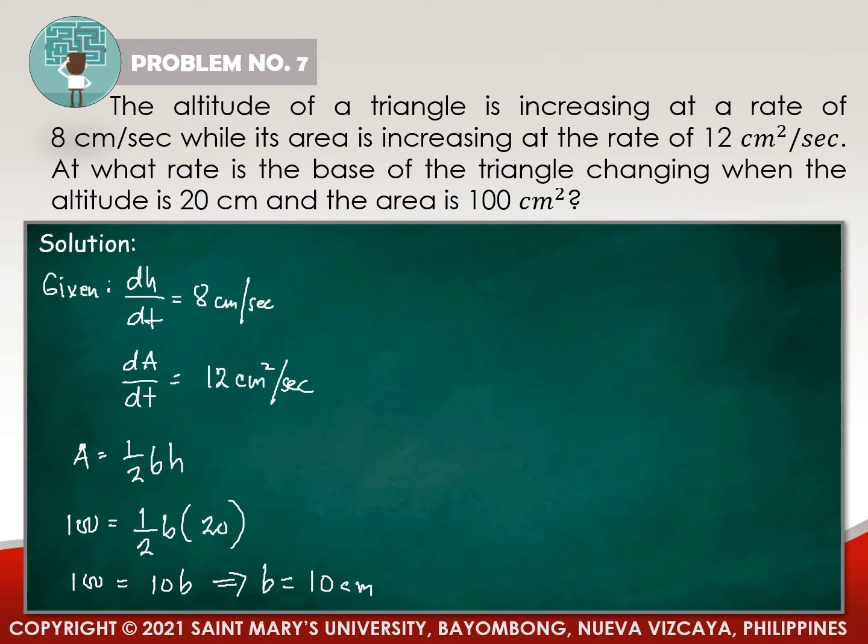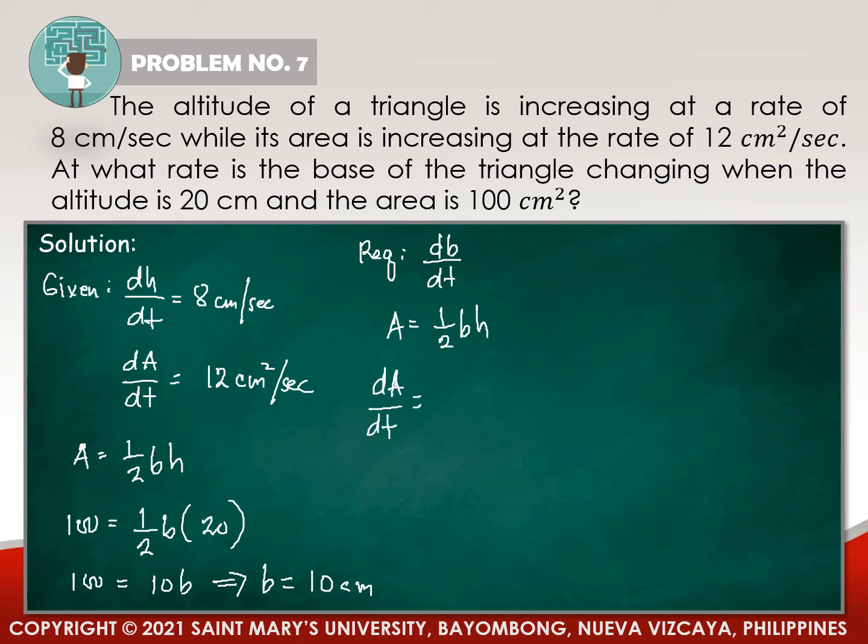Okay, the question is, at what rate is the base of the triangle changing? So ang hinahanap natin pala dito ay yung db over dt, derivative of b with respect to time. So paano natin masosolve yan? So simple lang naman, we'll use implicit differentiation. So 1/2 base times height. Derivative of A is dA over dt.